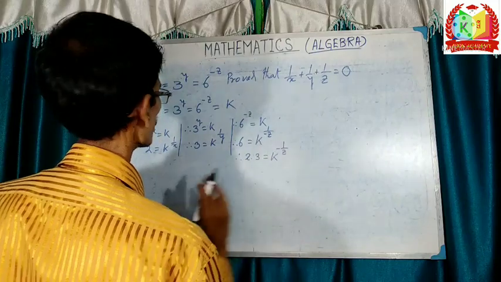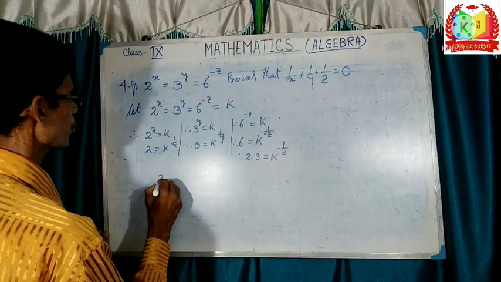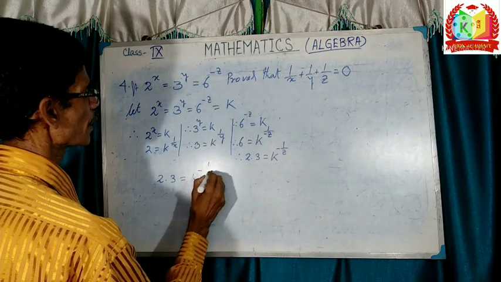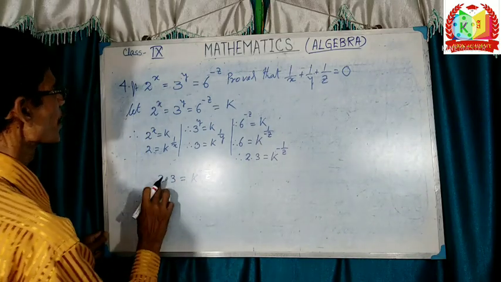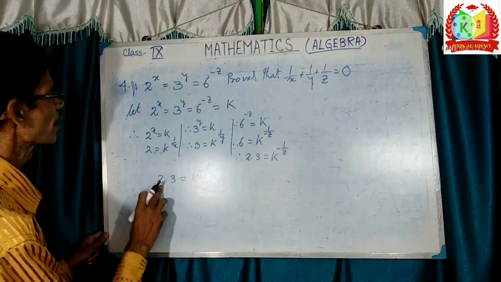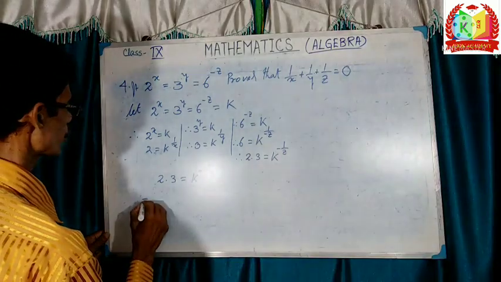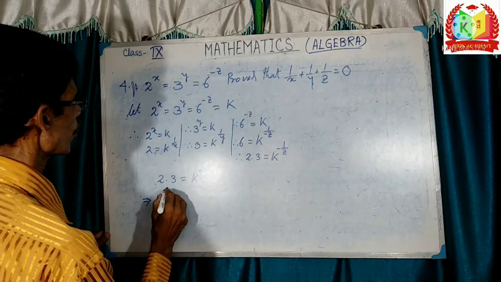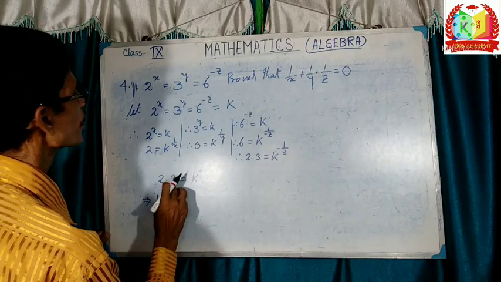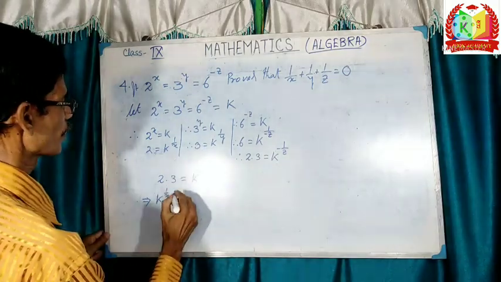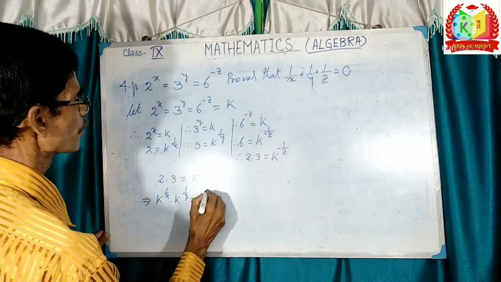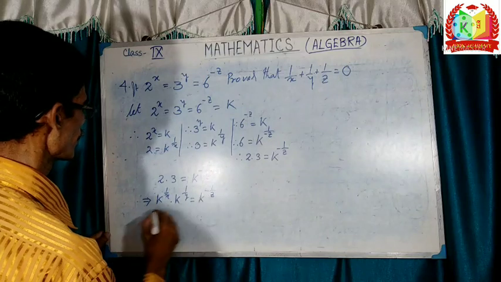I write this portion now. 2 into 3 equal to k to the power minus 1 by z. Here now I put the value of 2: k to the power 1 by x into value of 3, k to the power 1 by y, equal to k to the power minus 1 by z.